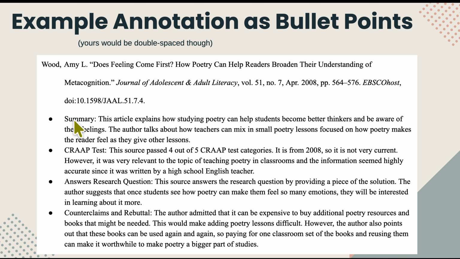I gave a summary of the article, talked about how it passed the CRAAP test, how it answered my example research question, and talked about some of the counterclaims that showed up in it, and also my rebuttal. So again, we'll compare right here. Here are the 4 things that have to be included in each annotation.